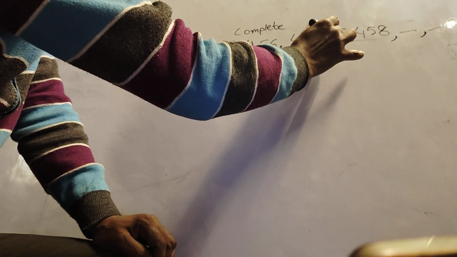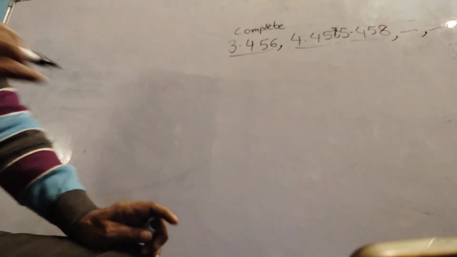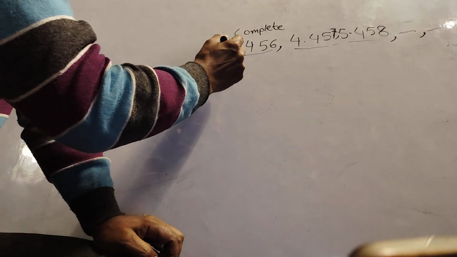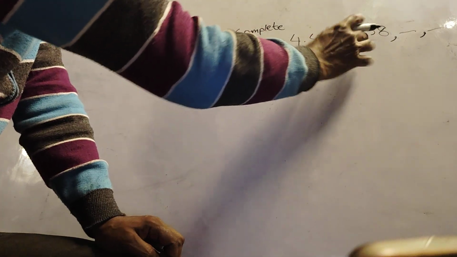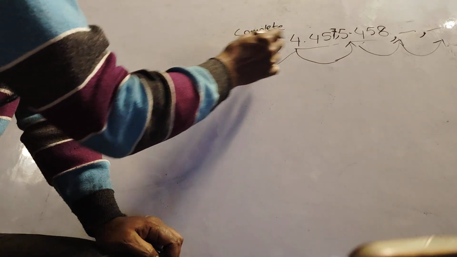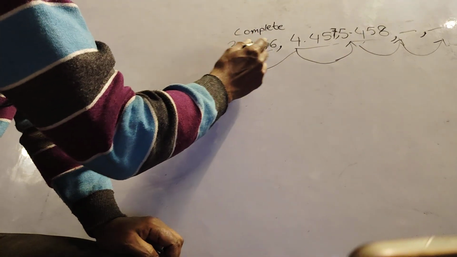Yeah, I made a mistake because I wrote 7 again. I was supposed to write 8 that time. Yeah, 8 will come. 3, then 4, then 5, then 6, then 7. That's what it was. Similarly 4.4, after the decimal there is 4, then 5, then 6.